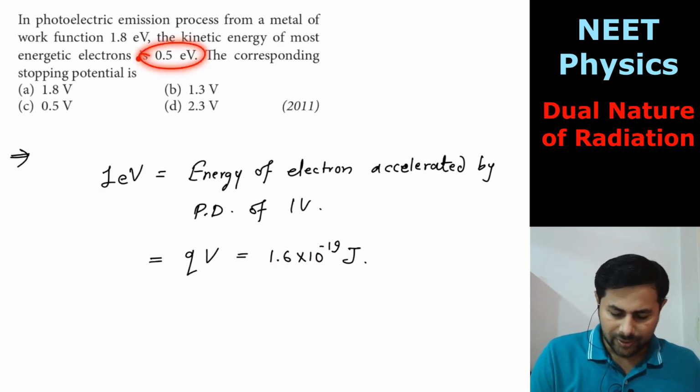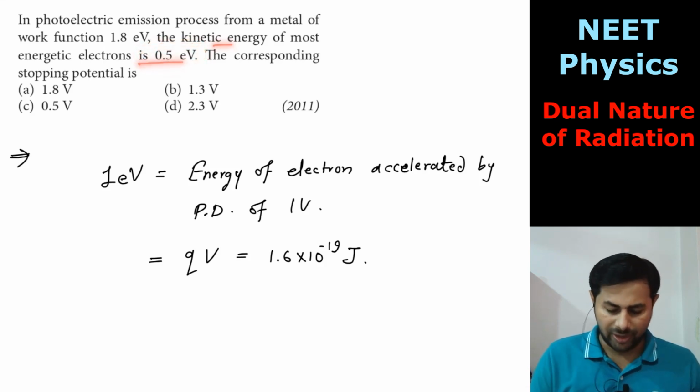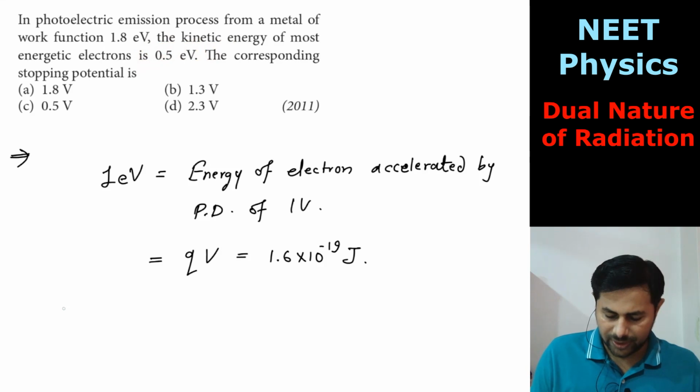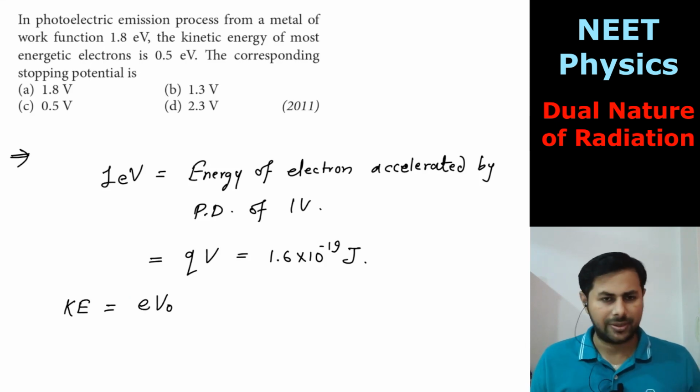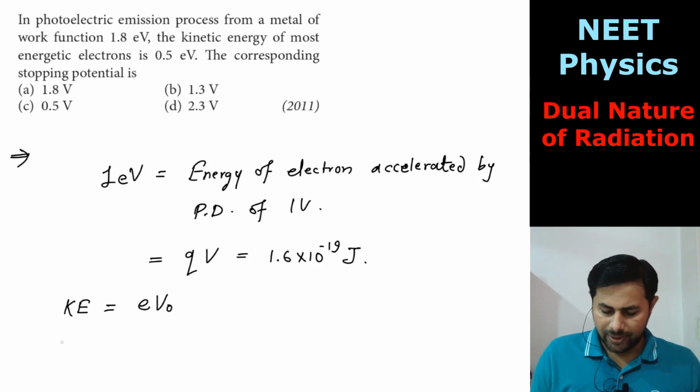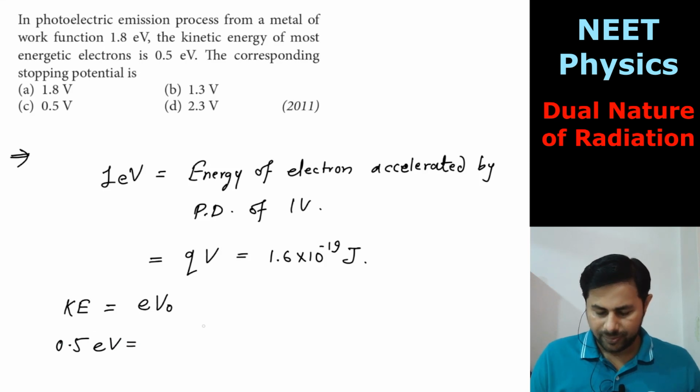So then what is kinetic energy? It's 0.5 eV, right? So it's given that Ke is equal to 0.5 eV, and we know that Ke would be equal to e multiplied by V naught. We have seen this formula. This is given.